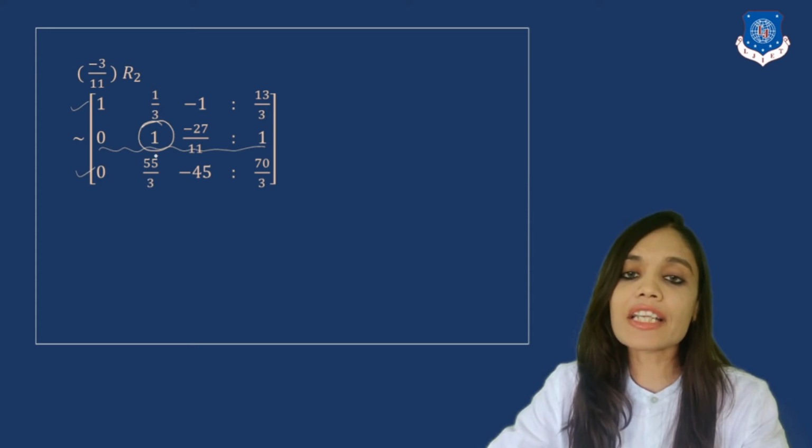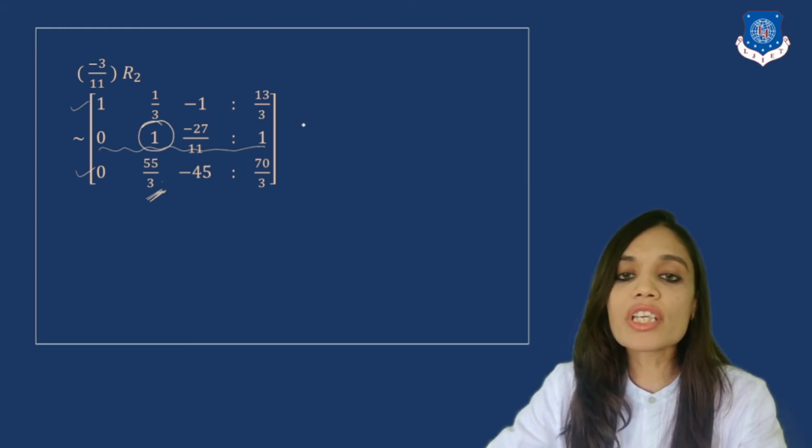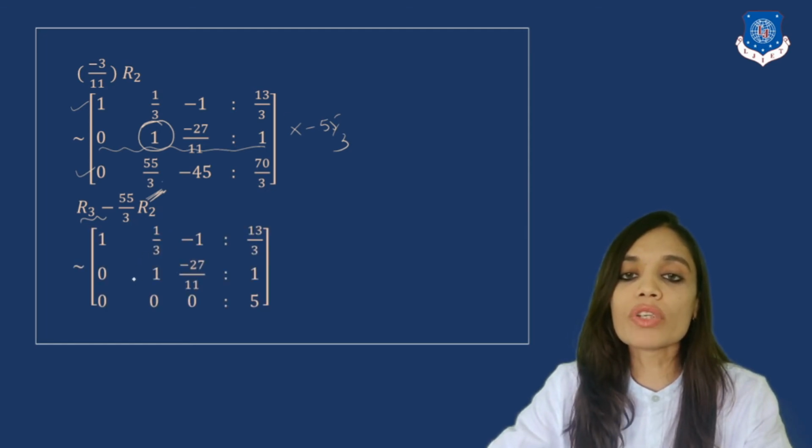Now only the last step is remaining, that is, we have to form 0 at this place, right? So what we will do is multiply row 2 by minus 55 by 3 and add it to R3. Applying this row operation, you will get the first two rows as they are.